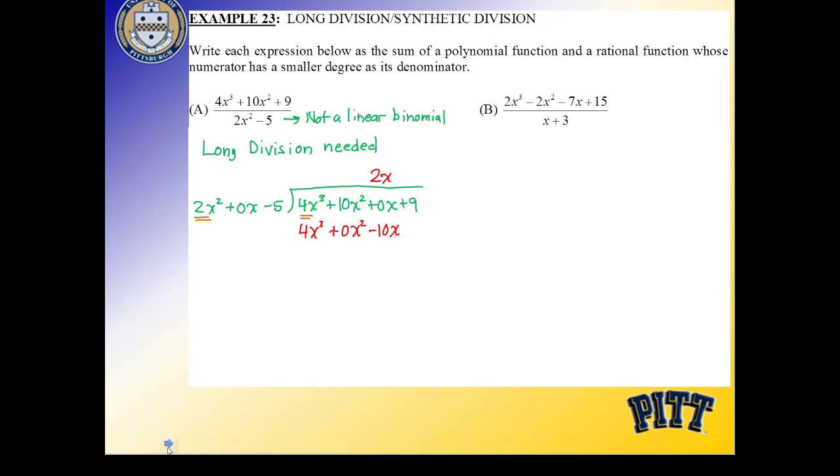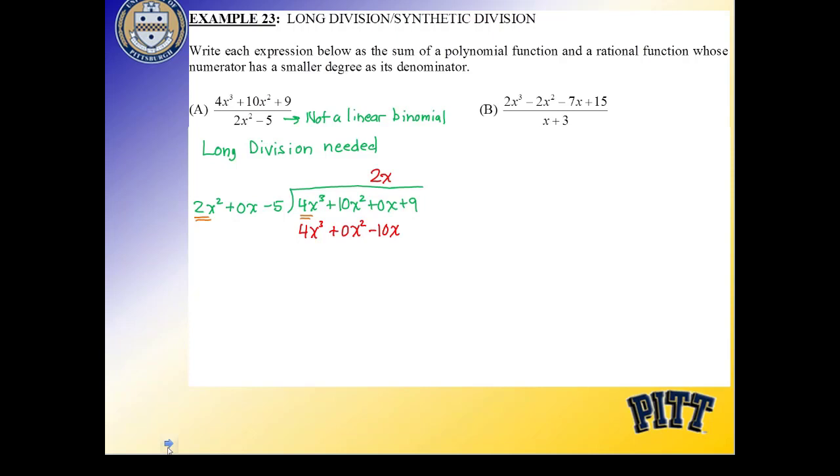Now I multiply the entire three terms on the outside by that 2x. So 2x times 2x squared becomes 4x cubed. 2x times 0x becomes 0x squared. 2x times minus 5 becomes a minus 10x. That's how I get those three terms down there.